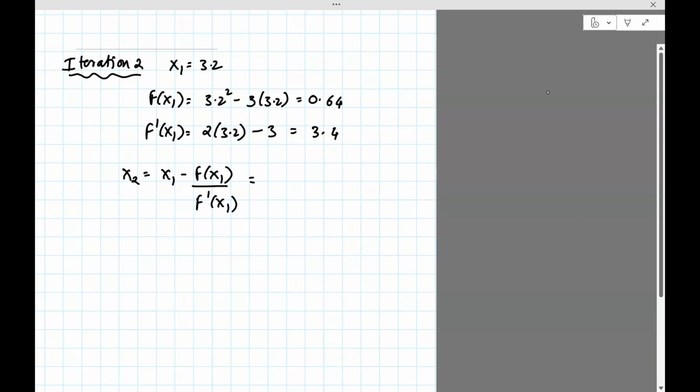So x1 is 3.2 minus f of x1 divided by 3.4.